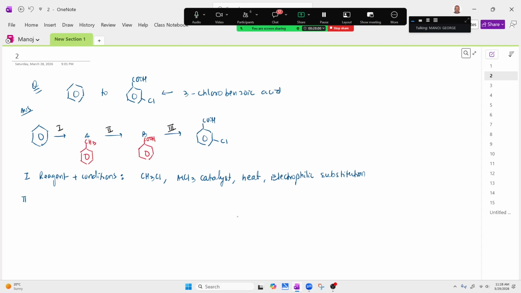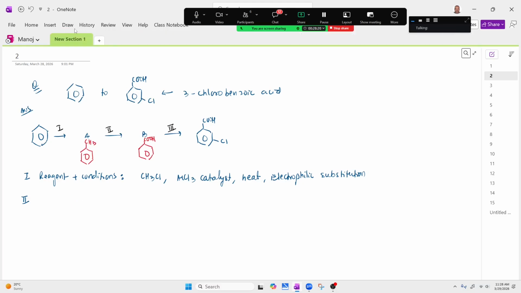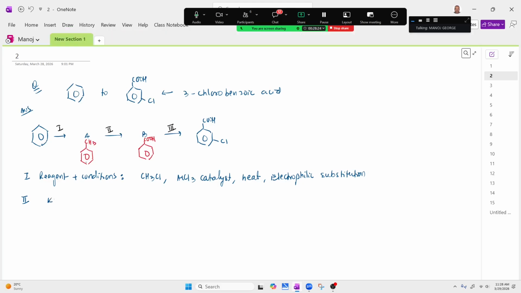Now in step two, how do I change CH3 on the ring to carboxylic acid? This reaction is referred to as an oxidation reaction. So the reagent plus conditions, well, I don't have to write it every time. What I need is KMnO4 acidified.